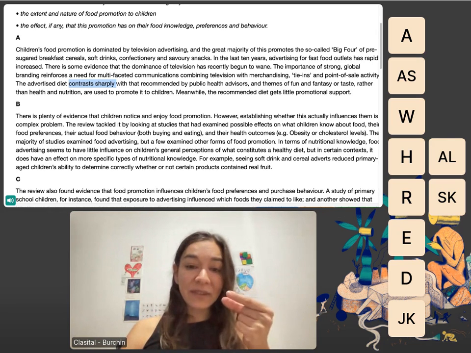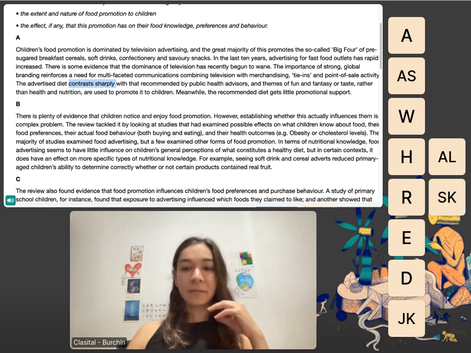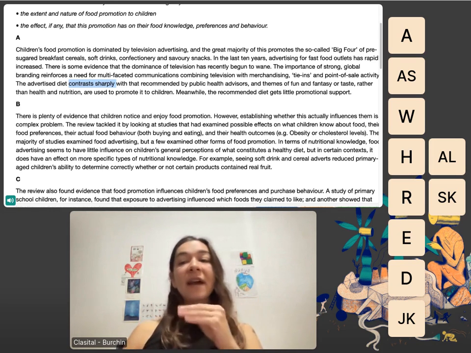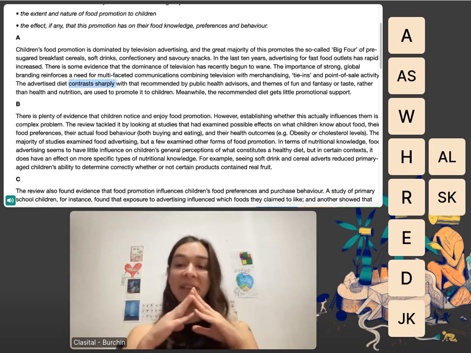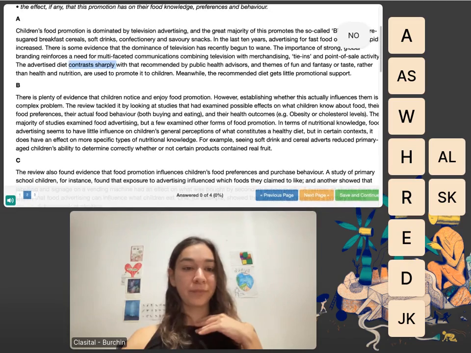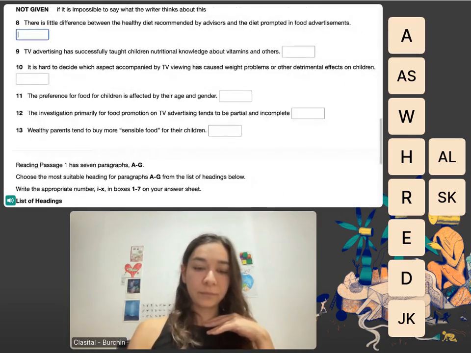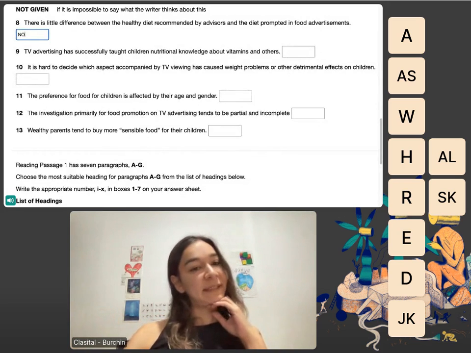It says there is little difference, but in here it says contrast sharply. Differs sharply, and sharply means there is a big difference. So it makes my answer no. Yes.